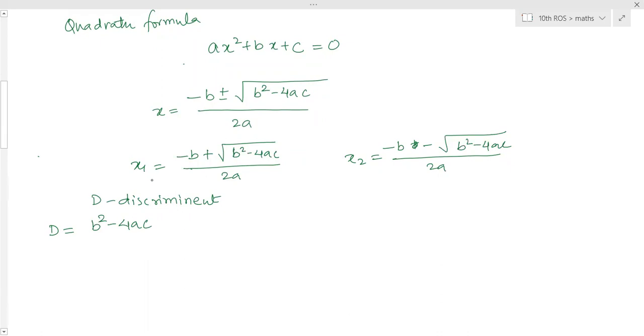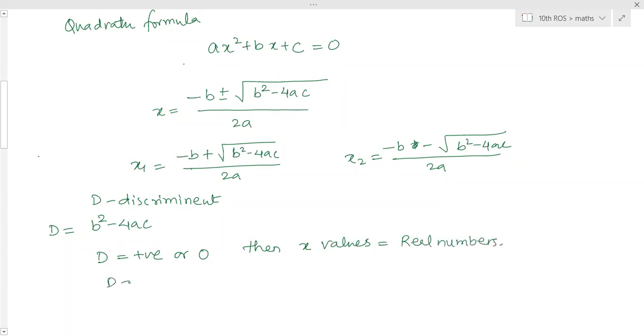We get to know whether the roots are real numbers or non-real numbers by knowing the value of the discriminant D. If b square minus 4ac, that is D, is positive or 0, then the roots are real numbers that you can calculate.